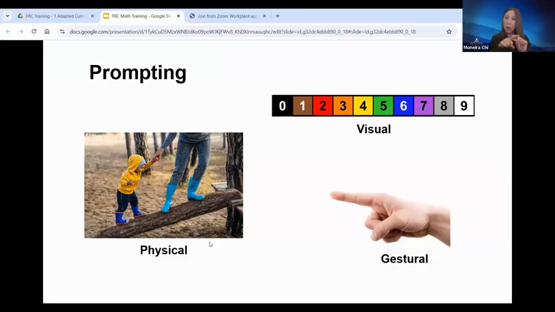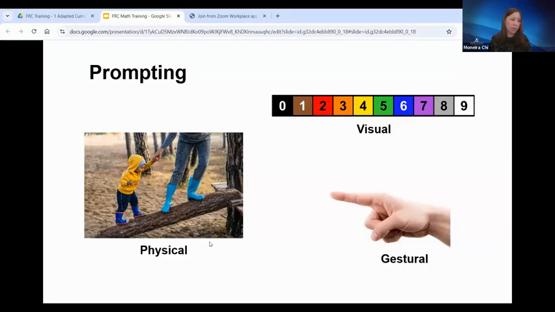Initially, you might physically hold their finger and use it to touch each object as you count. But then over time, you might be able to fade that prompt and maybe guide their finger to the first object, but then they might be able to continue counting without that physical prompt from you. So physical prompting can be a really effective method of prompting for certain skills and for early learners.